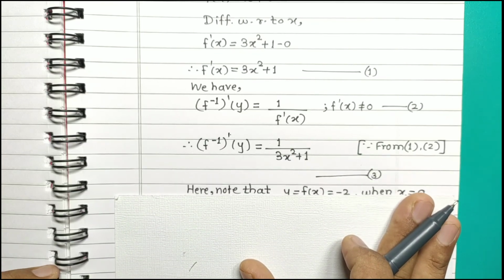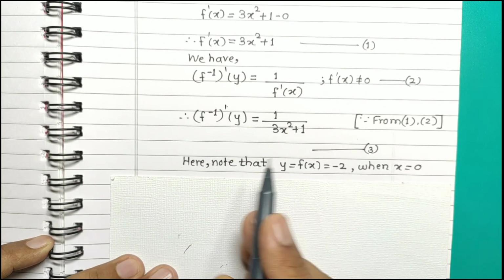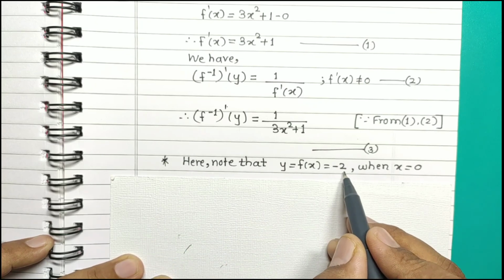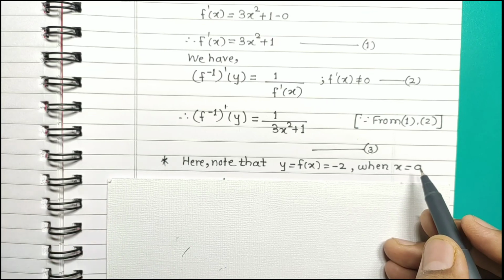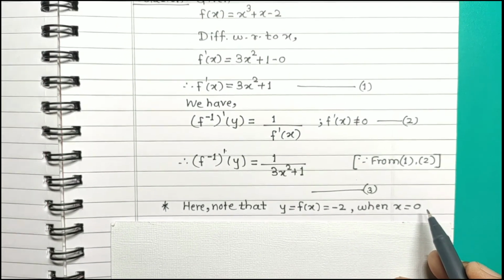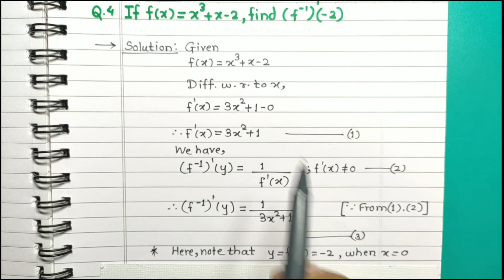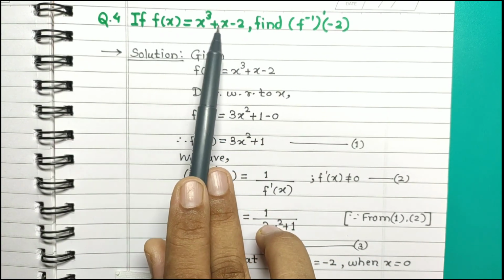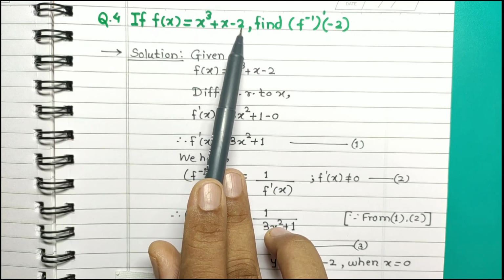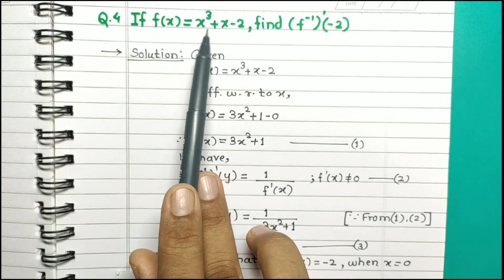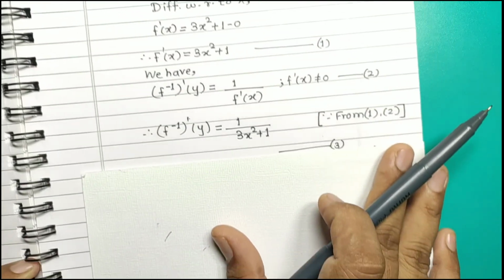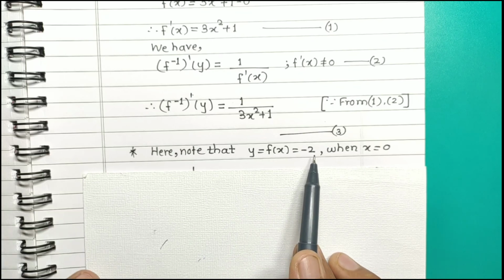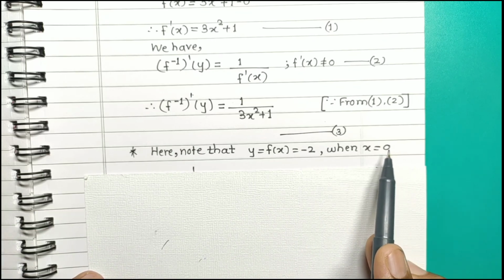Here we observe, and you note this step properly, that y is equal to −2 is possible for this given function when x is equal to 0. In this function when x is equal to 0, f of x is −2, that means y is −2 when x is equal to 0.